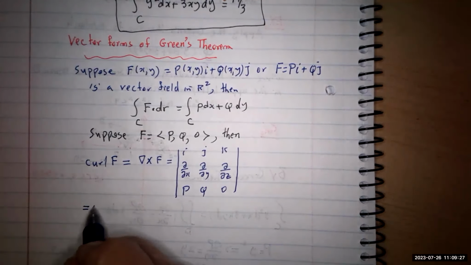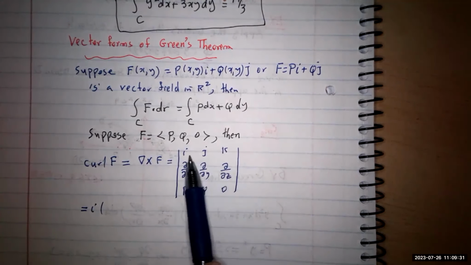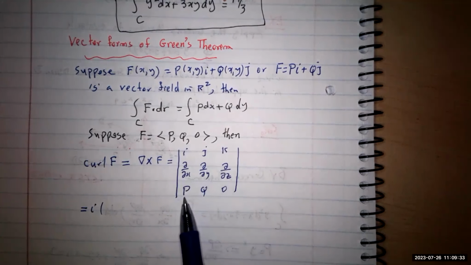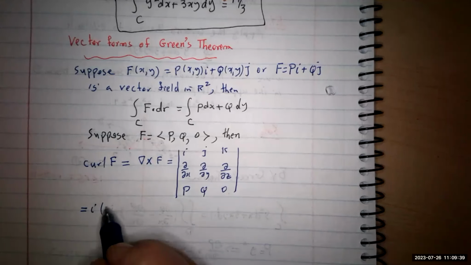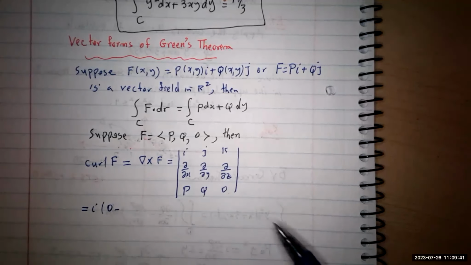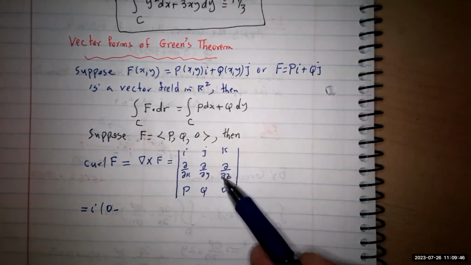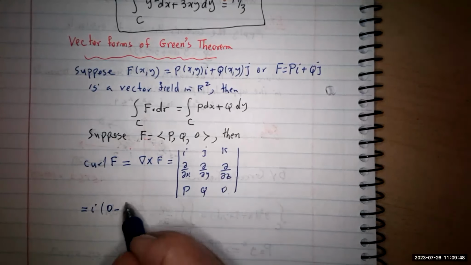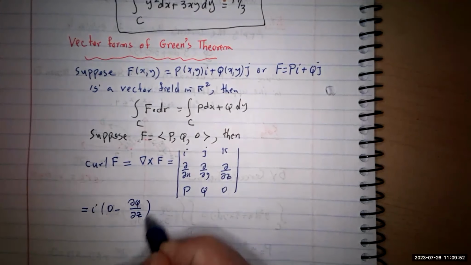It's going to be equal to I times, you cross these two out. So cross multiply: the partial derivative of 0, which is 0, minus the partial derivative of Q with respect to Z. Of course, this would be 0 too.